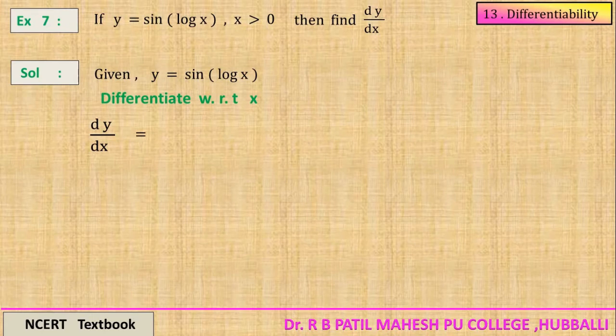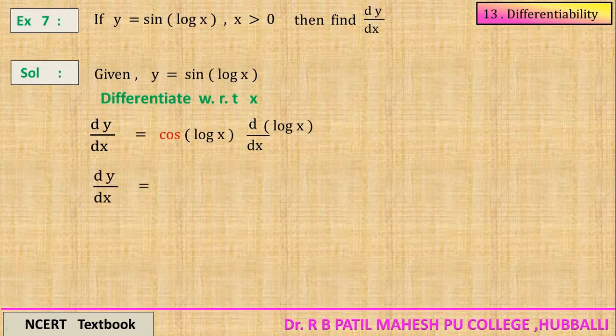What is the derivative of sine? First we write the derivative for sine, that is cos, and we keep log x as it is, the composite variable, into d by dx of log x. As I said, don't forget all the types of functions. Here it is a trigonometric composite, sine function first derivative, after that the variable, chain system.